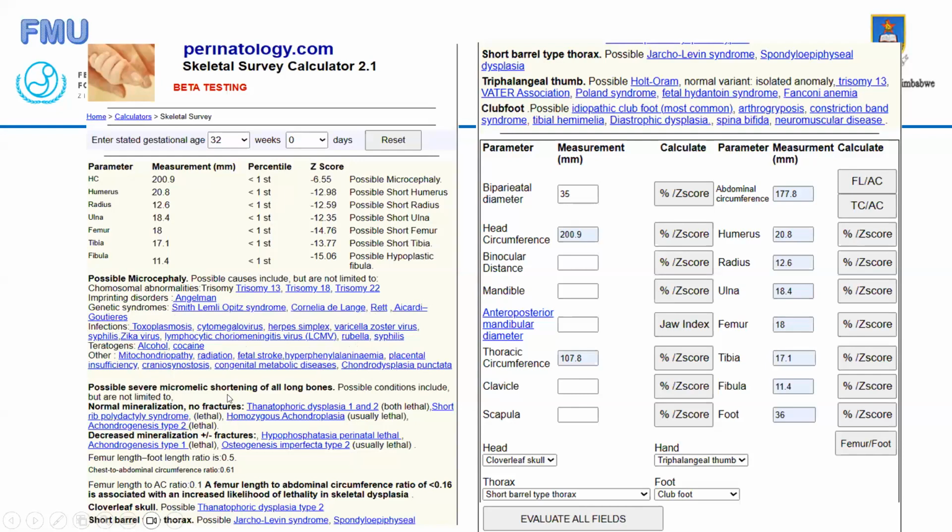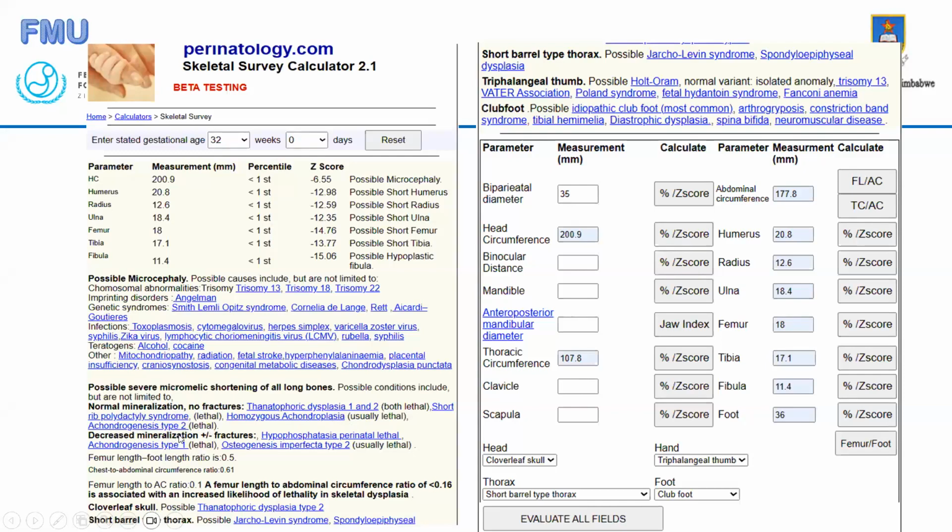Then when you are looking at the bones, the micromelia, when there is no decreased mineralization and no fractures, this could be thanatophoric dysplasia type 1 or 2, or a short rib polydactyly syndrome, or homozygous achondroplasia, which is usually lethal, and achondrogenesis type 2.